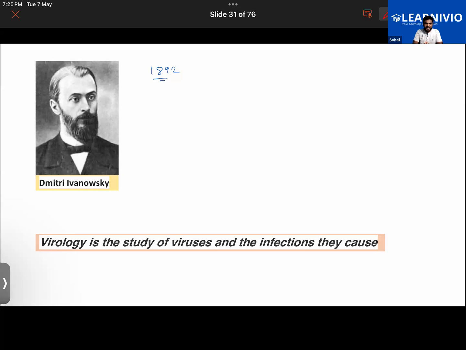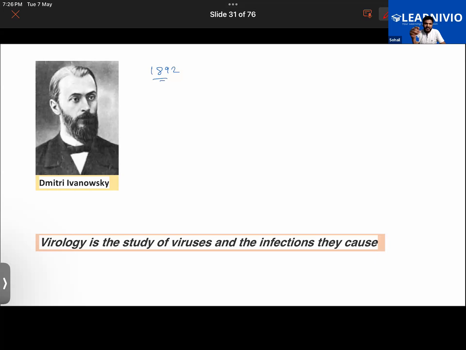Tobacco mosaic is a disease, and at that time he didn't know about the virus. He didn't even use the term virus at that time. I'm talking about 1892. He said that there was an infectious agent which caused tobacco mosaic disease, and it was smaller than bacteria.